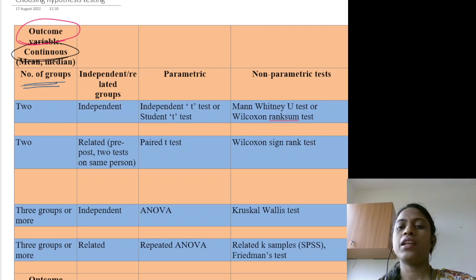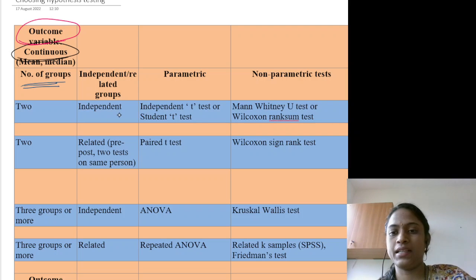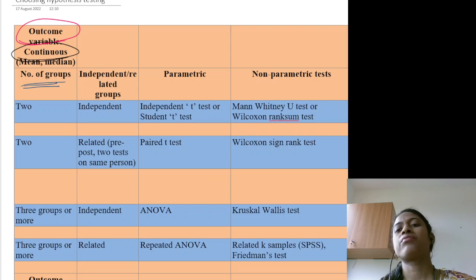Then we need to ask whether the groups are independent or dependent. And we also have to check the assumptions for doing a parametric test. Usually the outcome variable should follow a normal distribution. That is the important assumption when we choose the test. So these 4 questions we need to check before choosing the test.